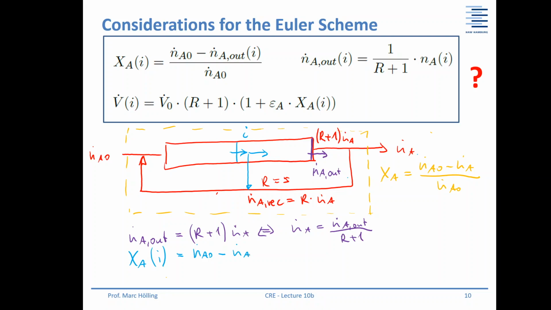In the script I wrote it out so that this is not my outlet but something like inside the reactor. Maybe it's more meaningful to write reactor, but then it becomes so big. So this should be the same as N_A inside the reactor.